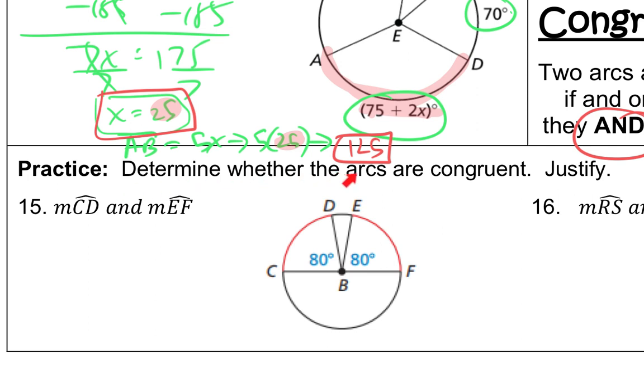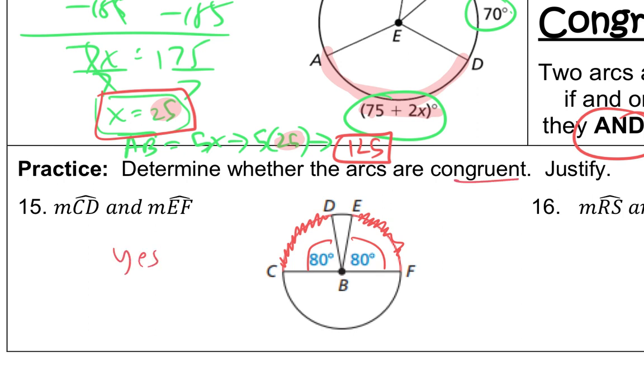All right, determine whether the arcs CD and EF are congruent. Pause the video. What do you think about that? Okay, so CD and EF. Well, the arcs have the measures of the central angles. If this central angle is 80, and this central angle is 80, that means they are congruent.